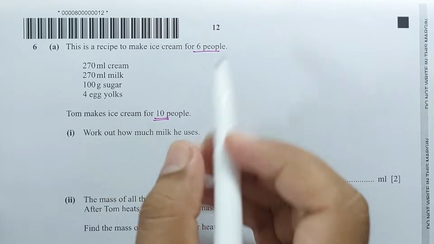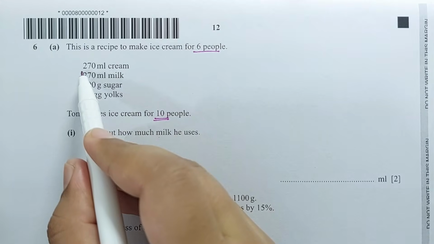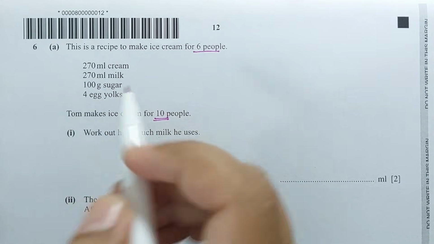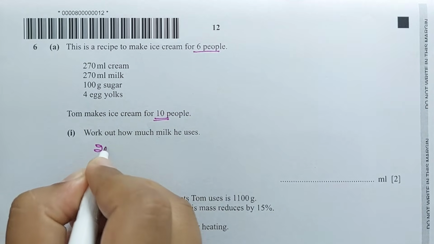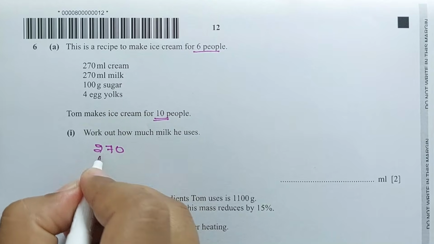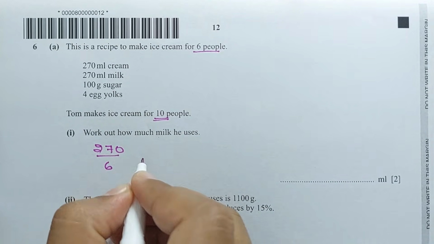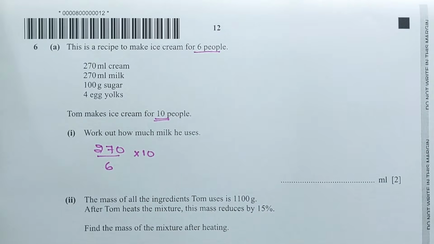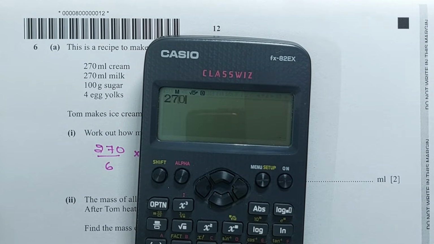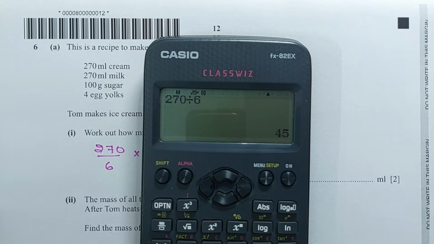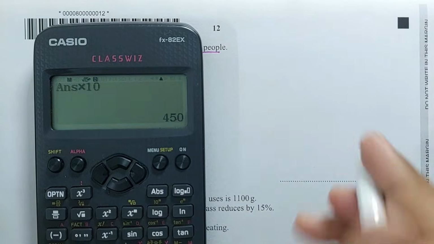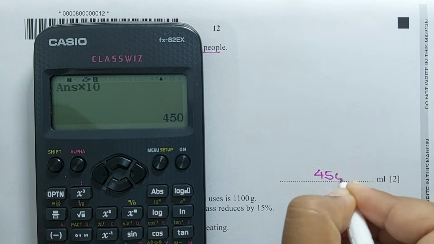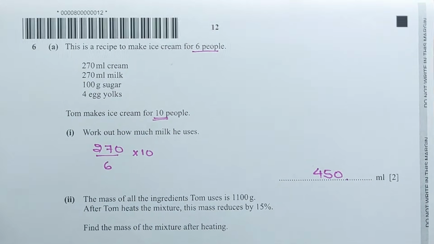For 6 people, he uses 270 milliliters of milk. So for 10 people, 270 divided by 6 times 10, so he uses 450 milliliters of milk.